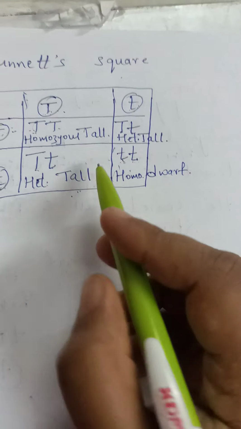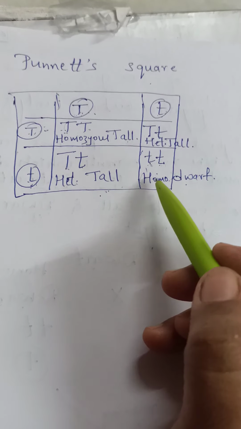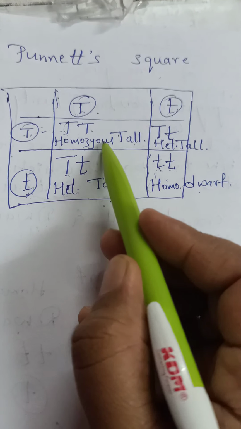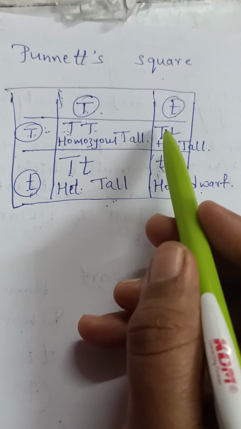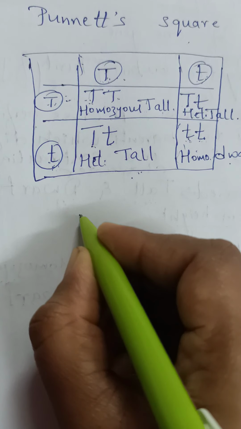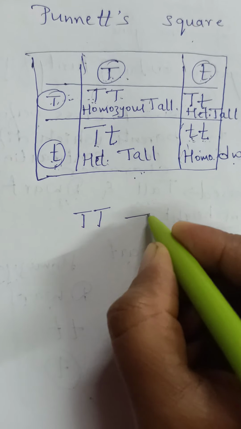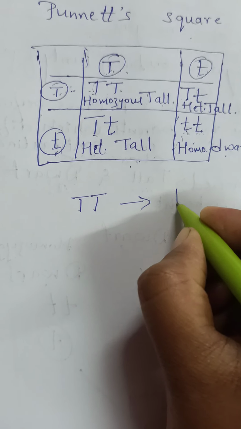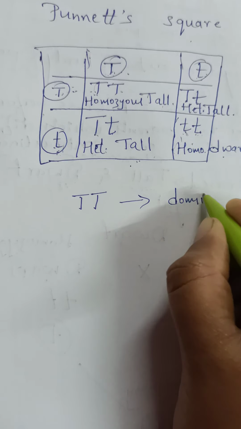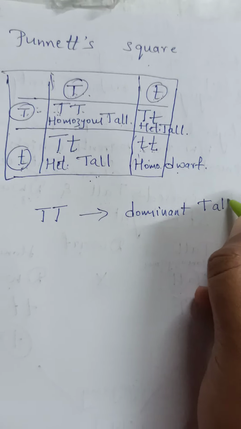In simple terms, if you have any confusion while writing the characteristic feature, look at the gametes. In this example, we use capital T to write the dominant character, which is tallness.